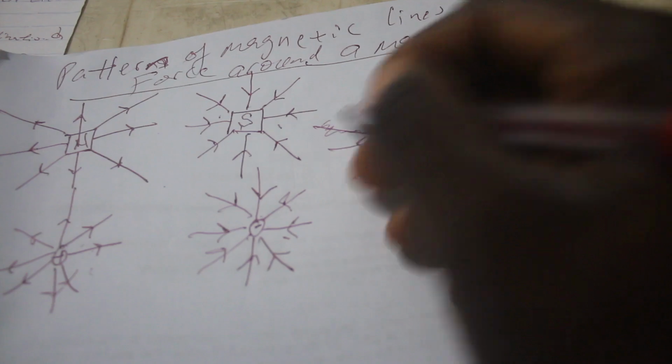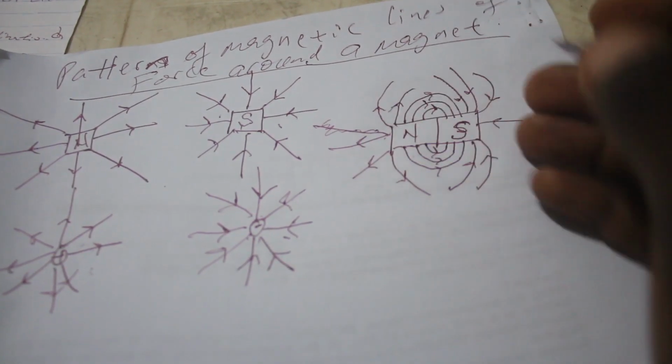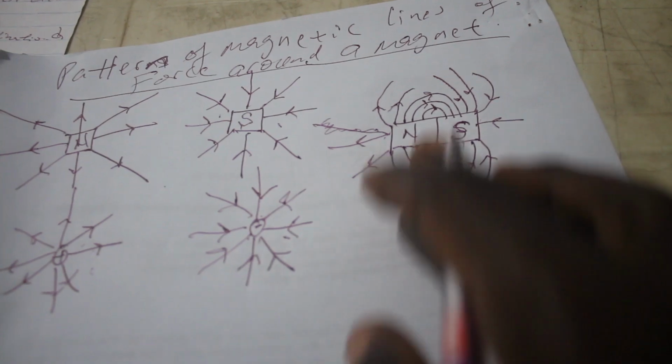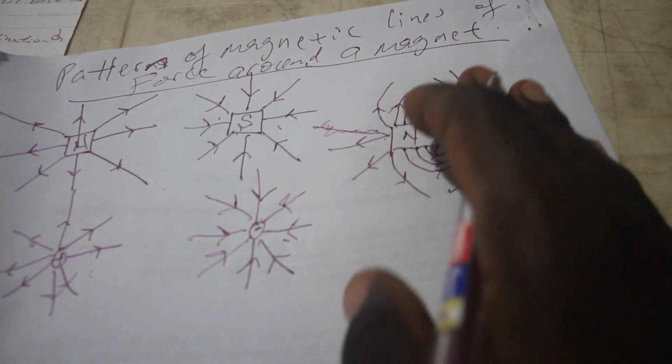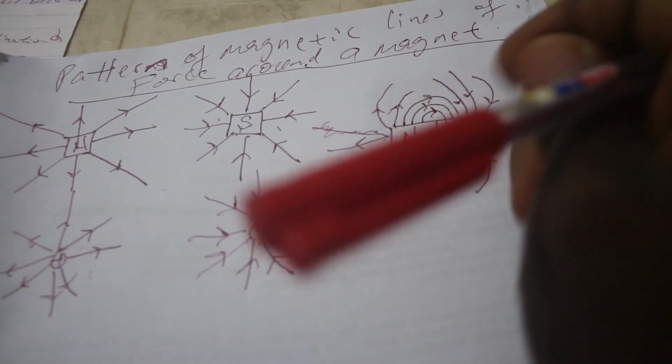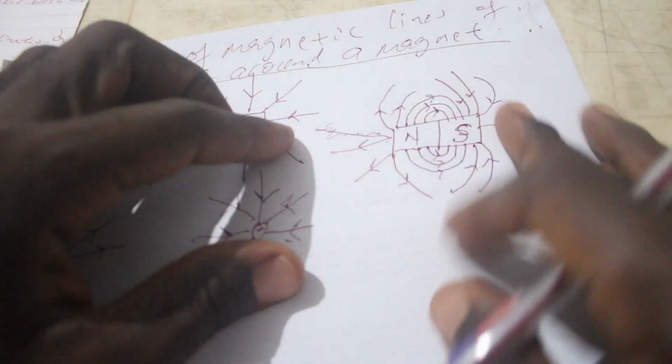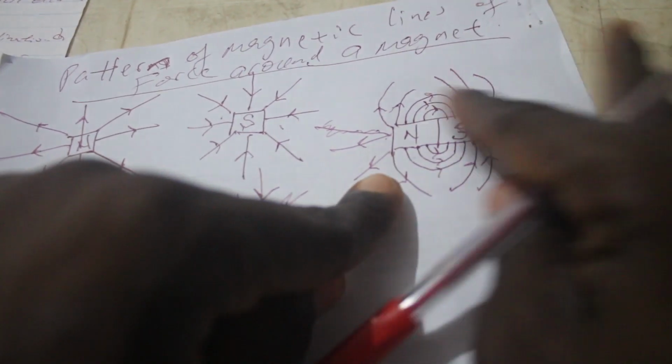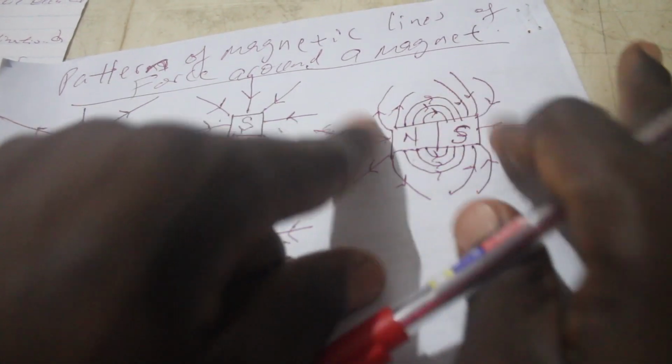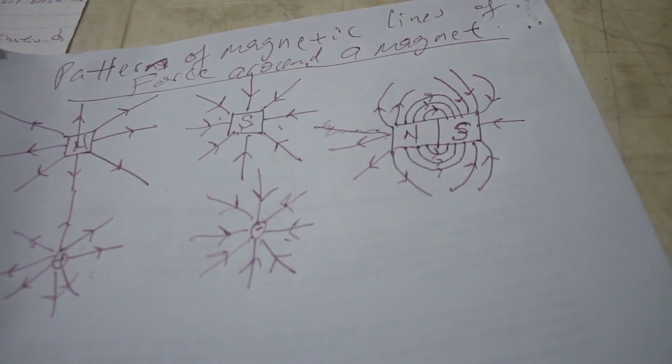Sorry, this one is a mistake. And then it goes out. So this is the pattern of the magnetic field around a bar magnet. And if you have a bar magnet on paper and you sprinkle some iron filings around it, they quickly arrange themselves into this pattern. It's a very beautiful pattern. Something like this.